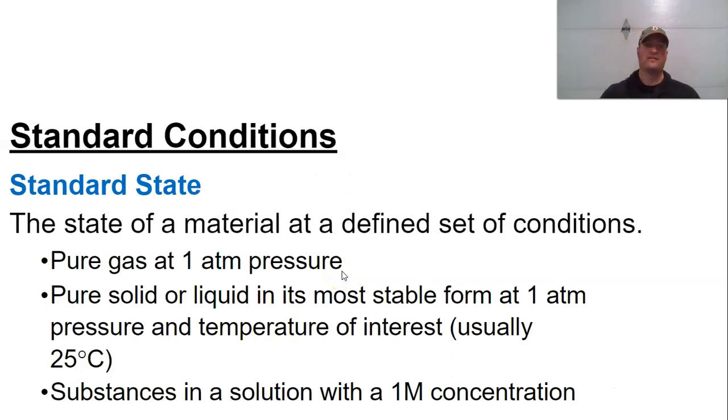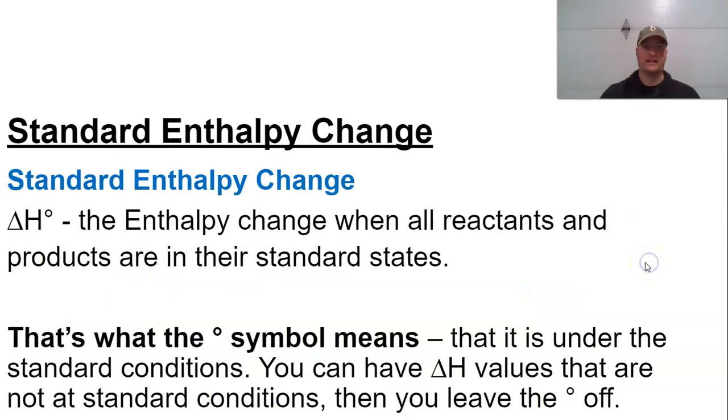Again, that would be a gas at 1 atmosphere, solid or liquid at 1 atmosphere, temperature 25 degrees Celsius, and if it was an aqueous solution, 1 molar concentration. These would be different if those were not standard state. So that's what this means. You can have delta H values that are not standard conditions, but we would not write that in. Again, that comes about later in the year.